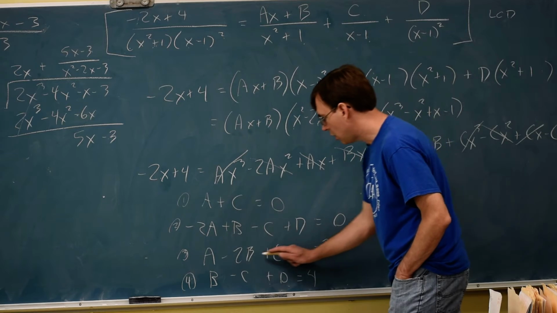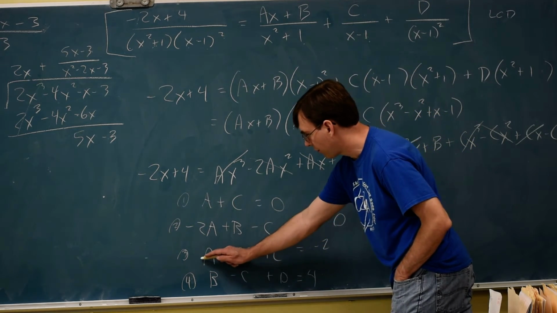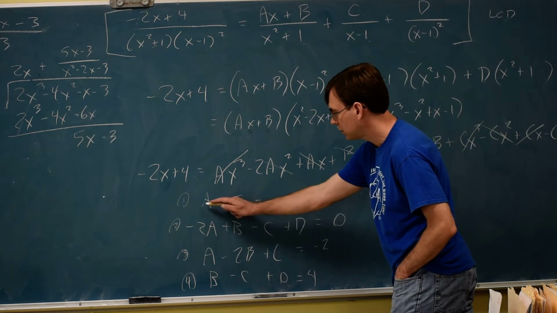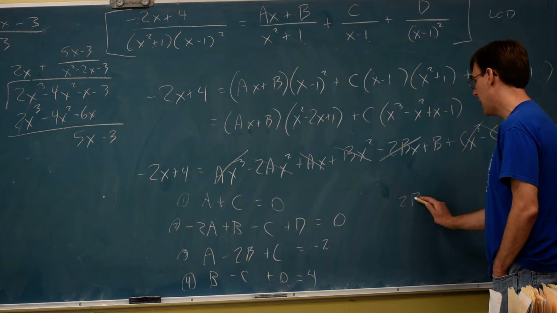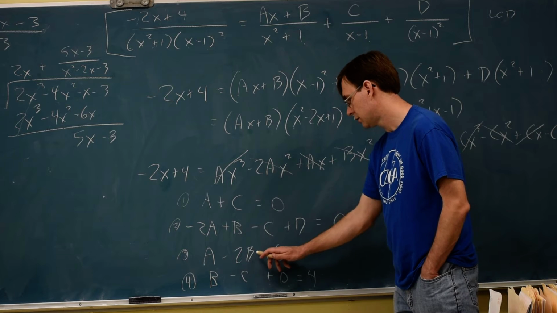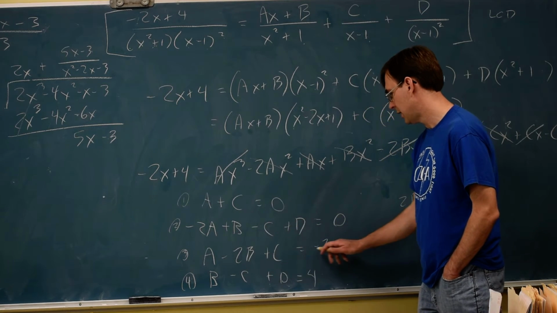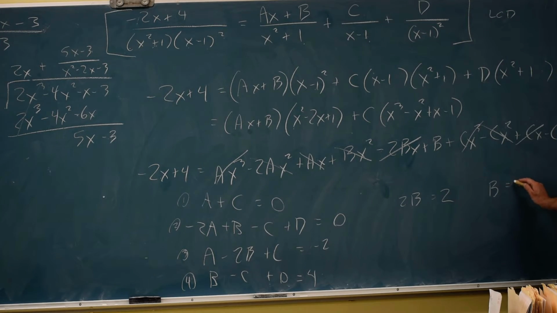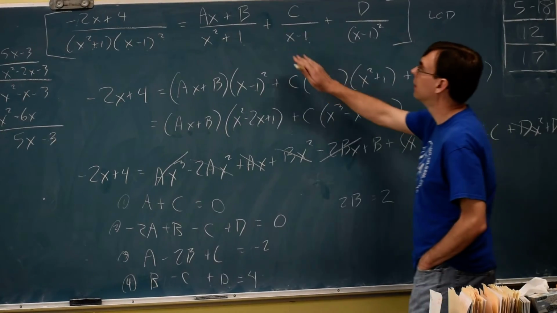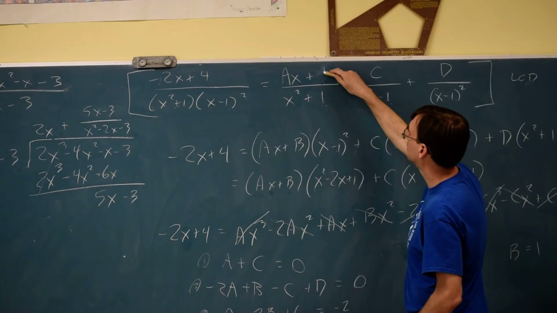If I switched all these signs of 3 and I add it to 1, the a's would eliminate. I'd have a positive 2b. The c's would eliminate, and I'd have a positive 2. In other words, b is 1. Back up here, I got a 1.